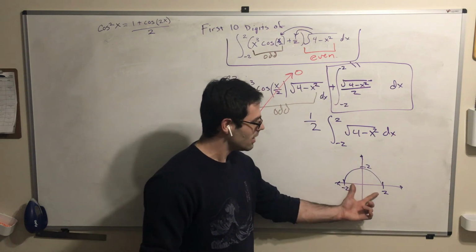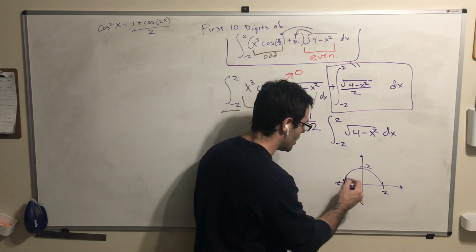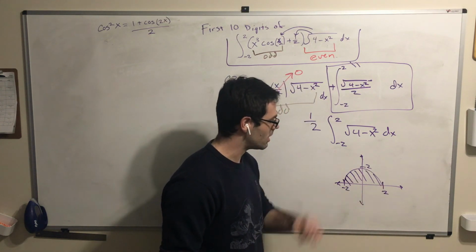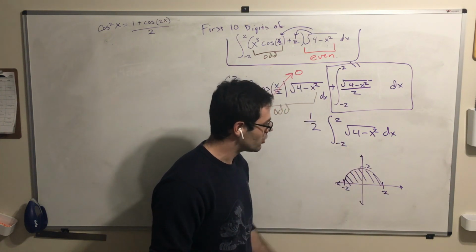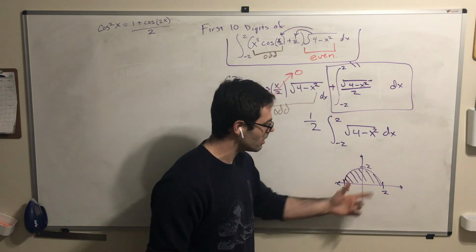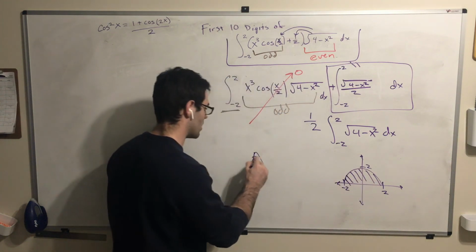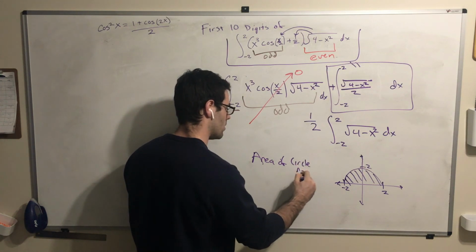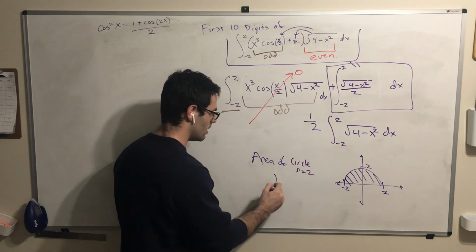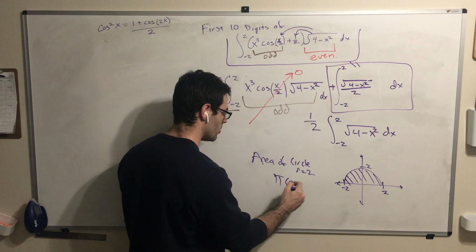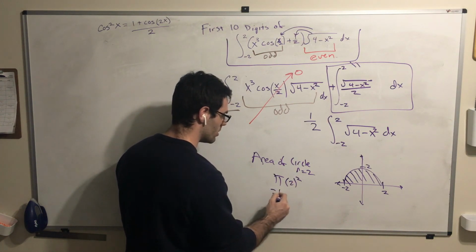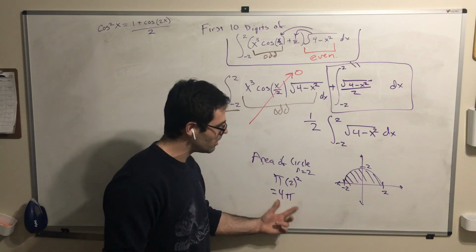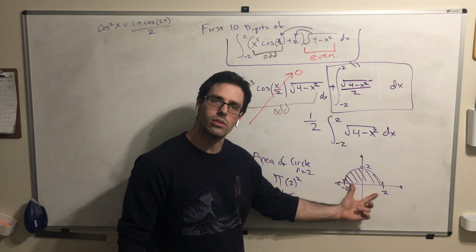and we're taking, in effect, the area of this slice. Now the area of this, just by intuition, well, what's the area of a circle of radius 2? It's pi times 2 squared, which is 4 pi. But we don't want 4 pi, we want half of that, half of the circle.